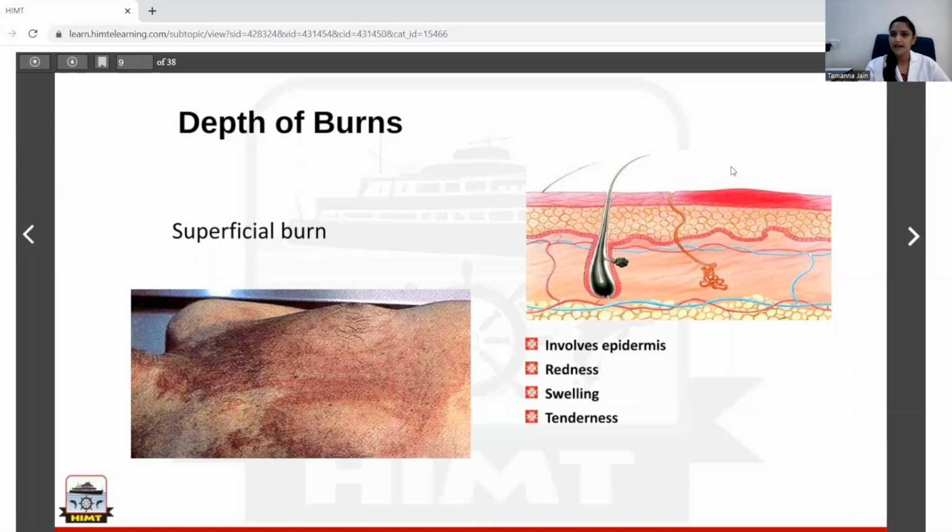If the casualty's arm is burnt, you can just ask the casualty to go under running tap water and cool the burn. What is very important is how long to cool the burn. Is it 30 minutes or 40 minutes or 20 minutes? A minimum of 10 minutes is very, very important. At least 10 minutes of thorough cooling should be done, not less than that.